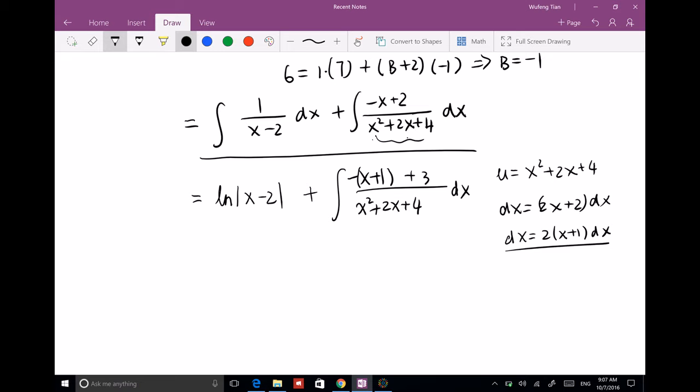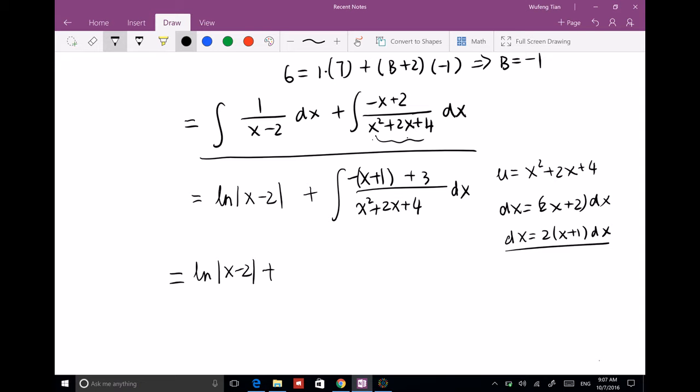So that we can separate the fraction. The reason I do this is because now I'm going to separate the top. Why?